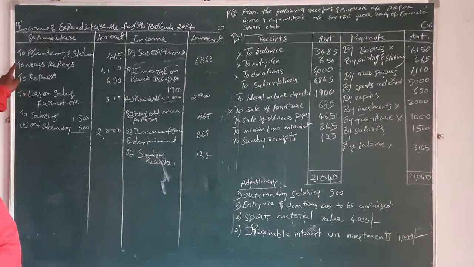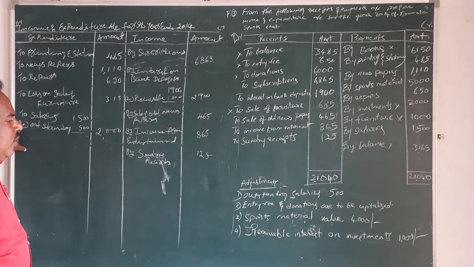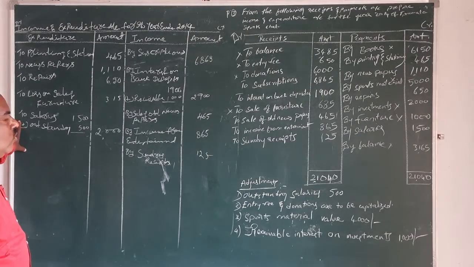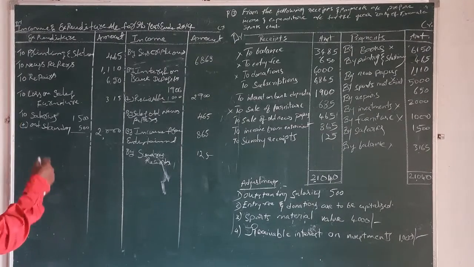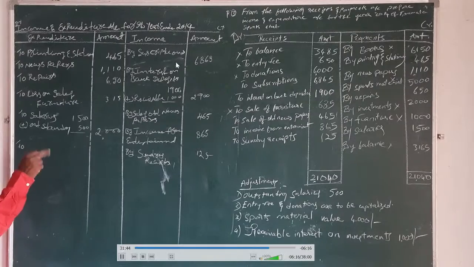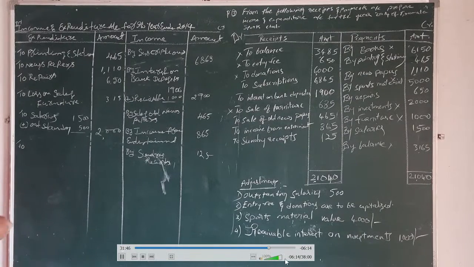Salaries adjusted. Entry fee and donations are to be capitalized, not recorded. Sports material: opening value of sports material 4,000, cost 1,000. To cost of sports material 5,000. Closing balance of sports material 4,000.